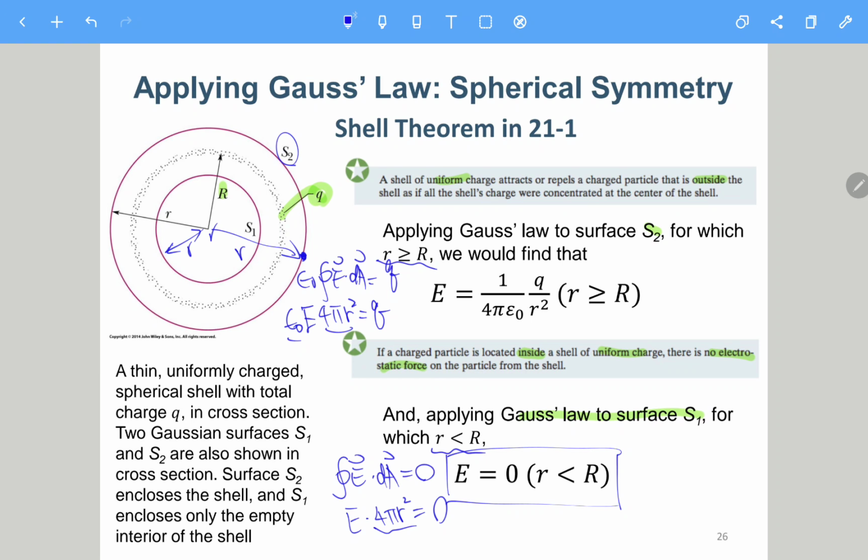All the things will cancel perfectly. So based on the Gauss law, we can really know why the shell theorem we introduced in chapter 21 is correct. Actually, both statements are correct.